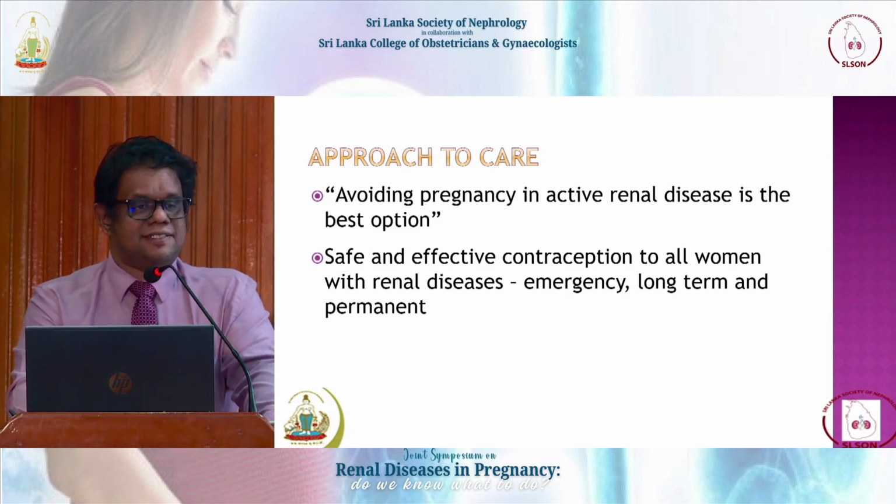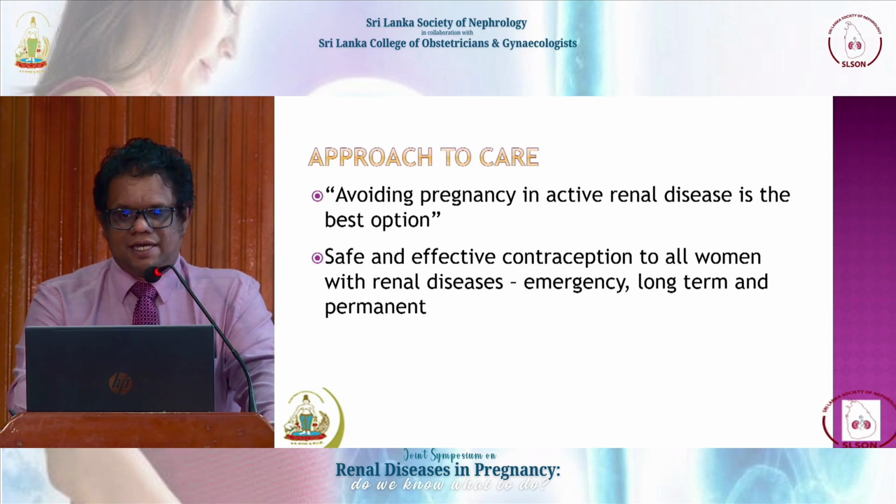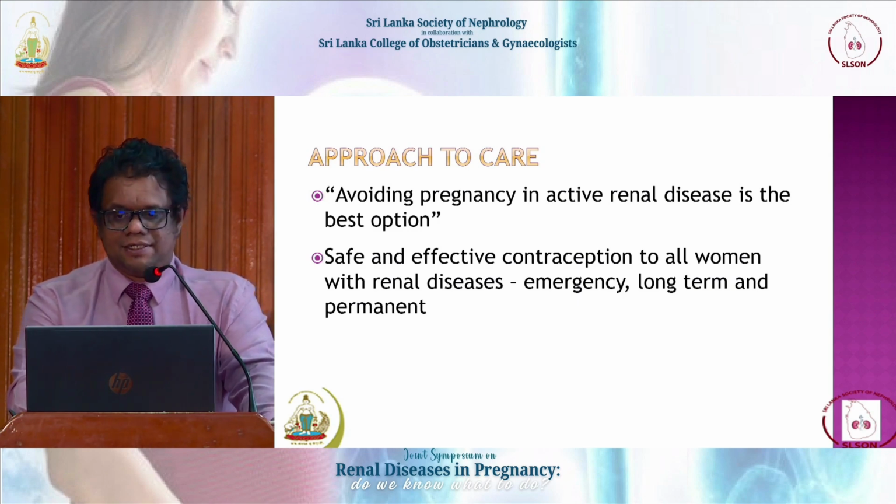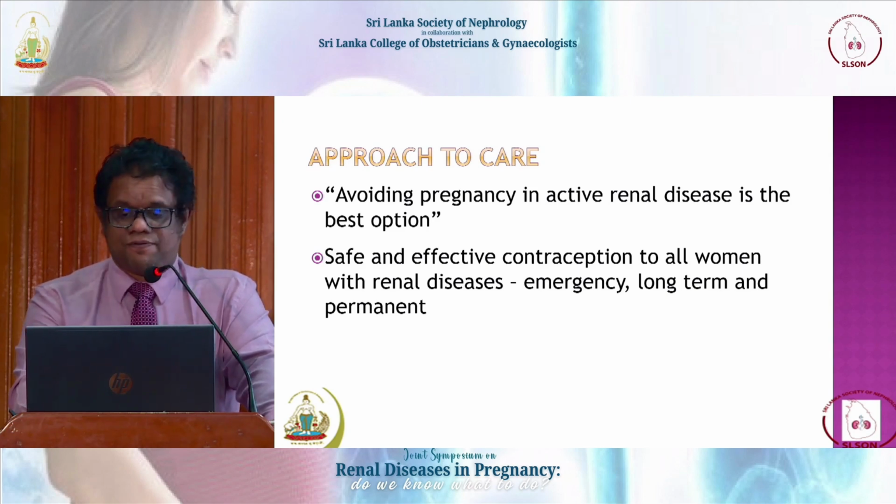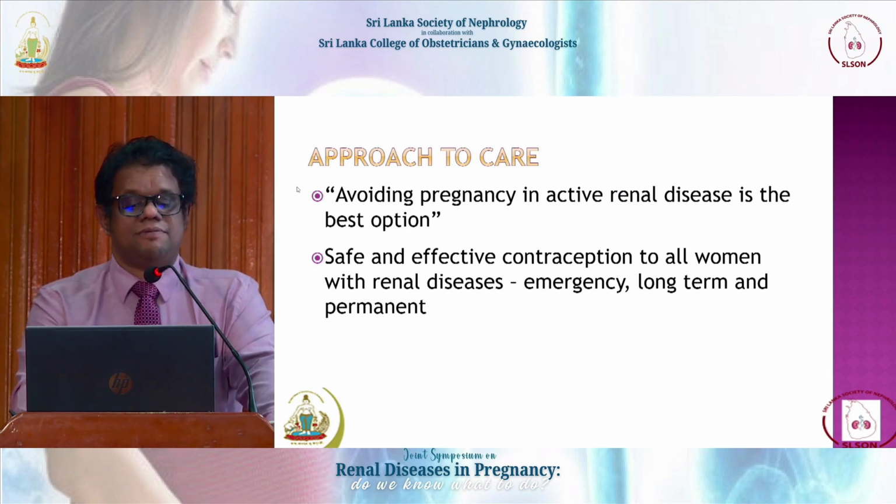It includes unstable renal functions, active glomerulonephritis, active tubulointerstitial nephritis, first year of renal transplant or recovering from acute rejection, likewise. In addition, safe and effective contraception should be offered to all women with renal diseases. This includes emergency, long-term and permanent solutions, whenever necessary.